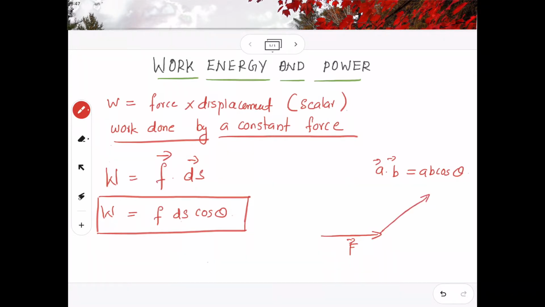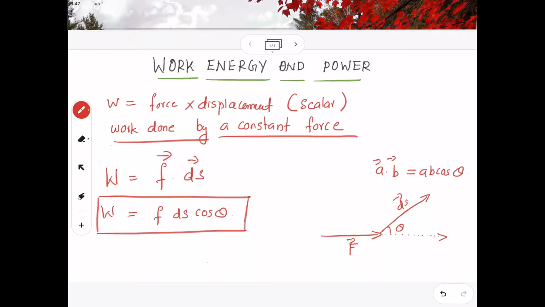Suppose this is an imaginary displacement ds, and this is the actual direction of the application of the force. Here we have a theta, the angle between the direction of applied force and the displacement. So we have an angular deviation between the applied force and the displacement. So I can write W is equal to F ds cos theta.